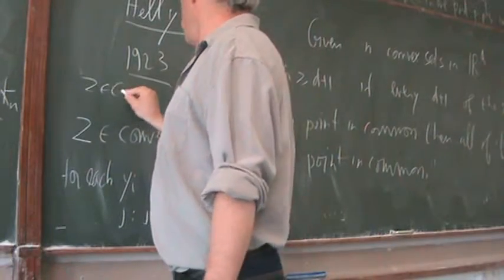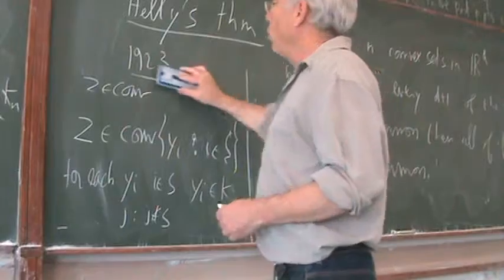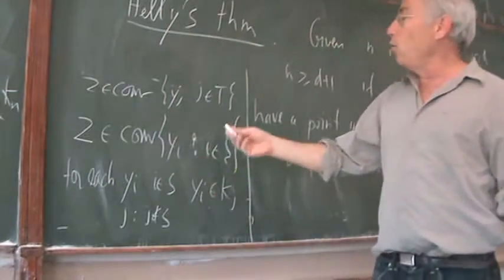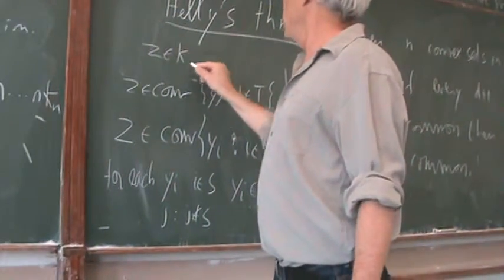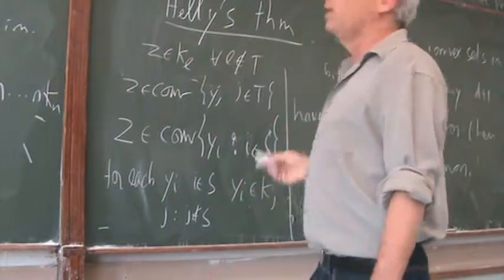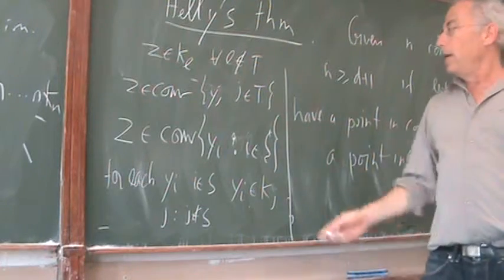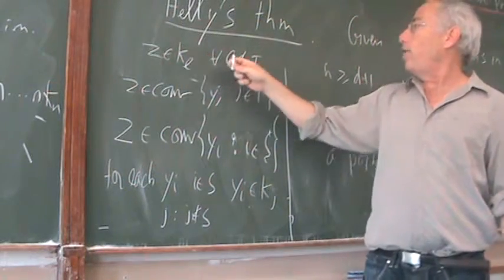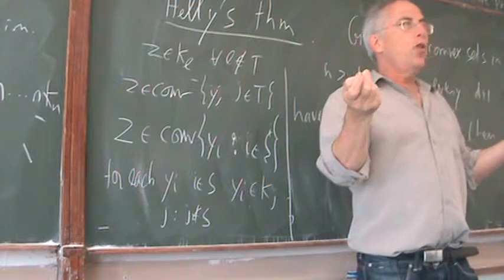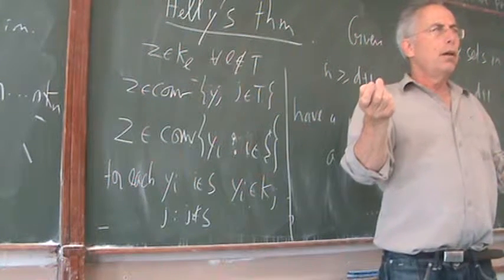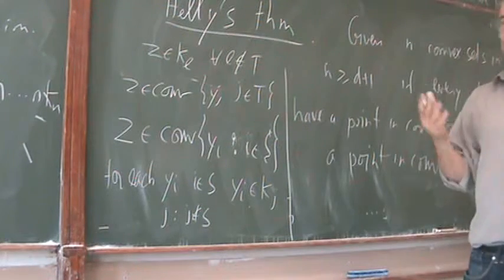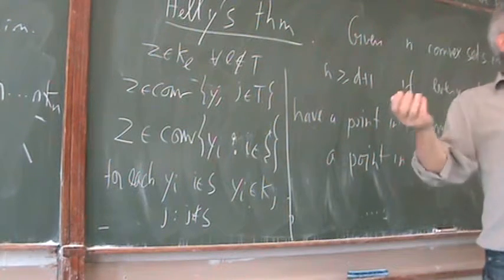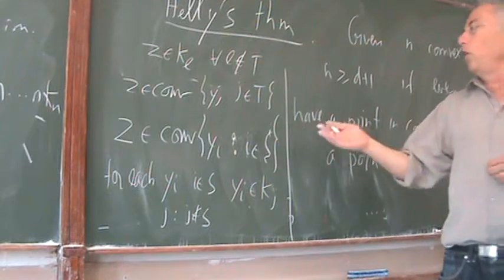And also Z belongs to the convex hull of all yj, j belonging to T. And by the same argument, this means that Z belongs to Kl for every l which does not belong to T. So, in conclusion, Z belongs to Kj for every j which is not in S, and Z belongs to Kl for every l which is not in T. But S and T are disjoint, so every element from 1 up to n does not belong to one of them.